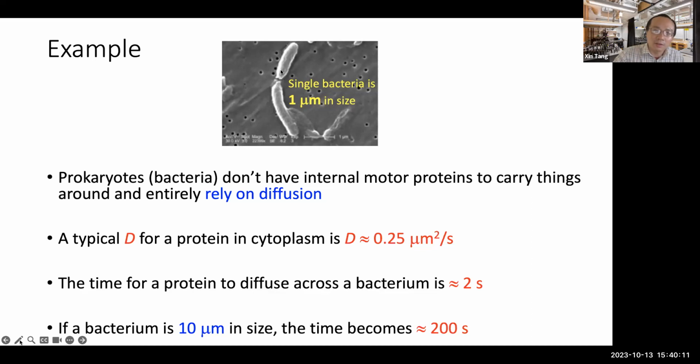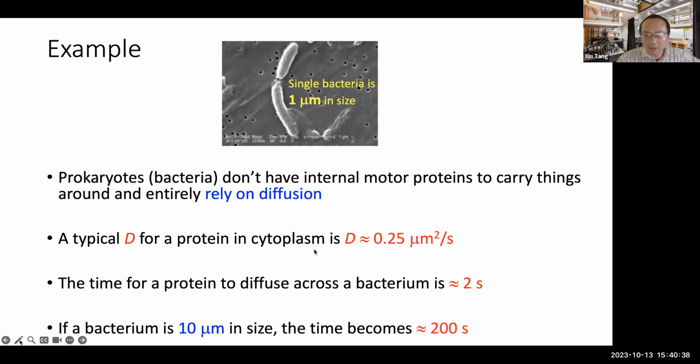If it still uses the diffusion process, the time becomes 200 seconds, more than 3 minutes. That's not really convenient, so they need other means to make the trafficking of protein more effective.